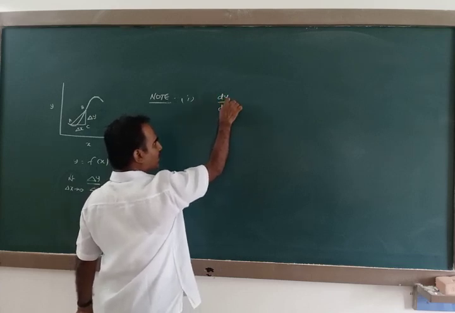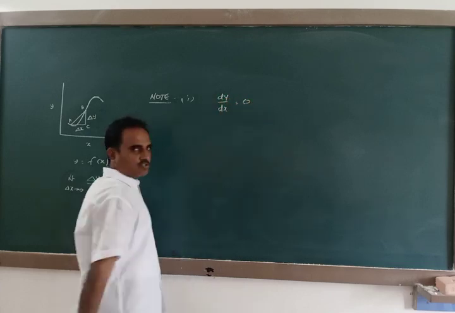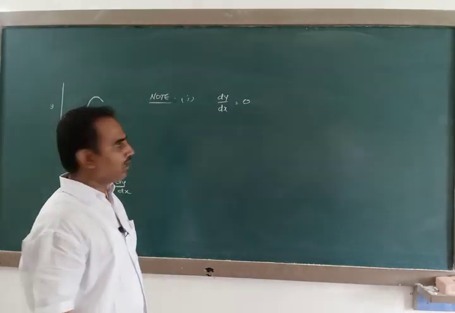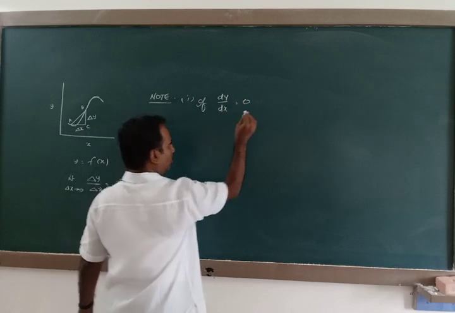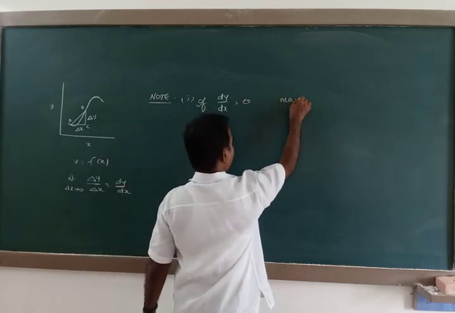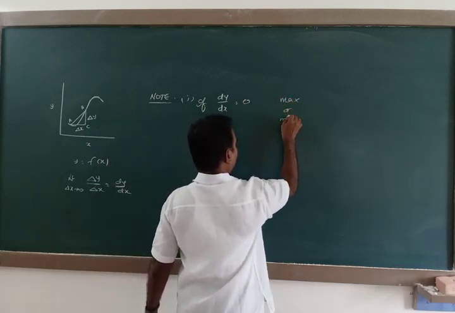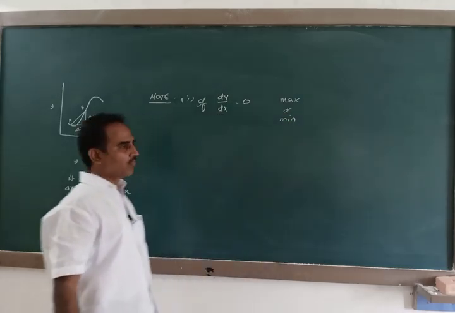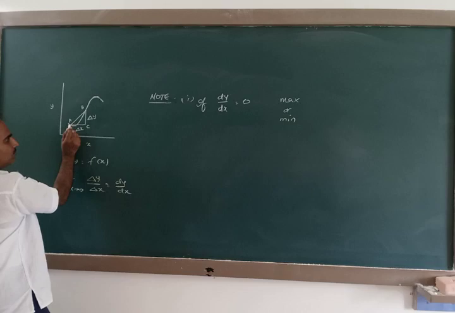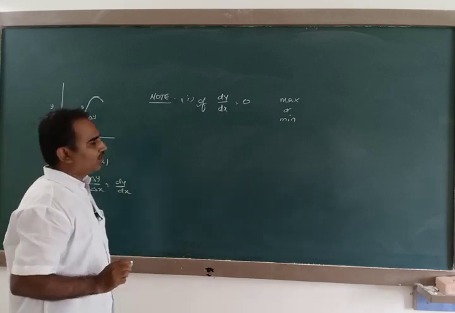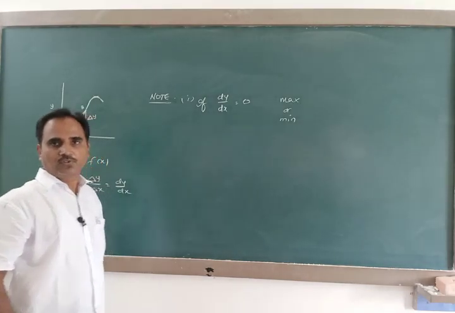That means this dy becomes 0, so this becomes 0. That means if dy by dx is 0, it represents maximum or minimum. At this maximum or at this minimum, the derivative will become 0.